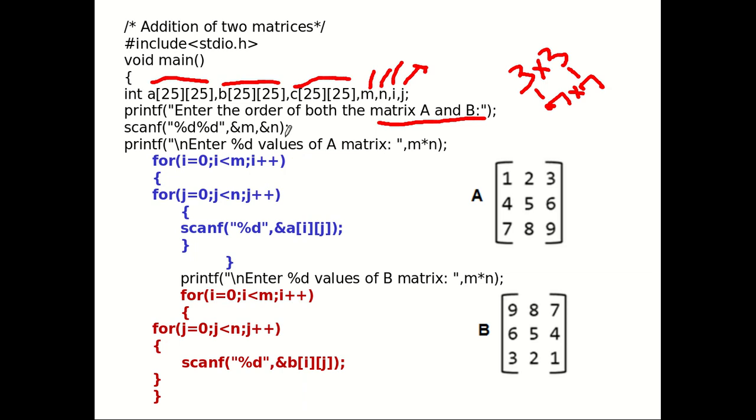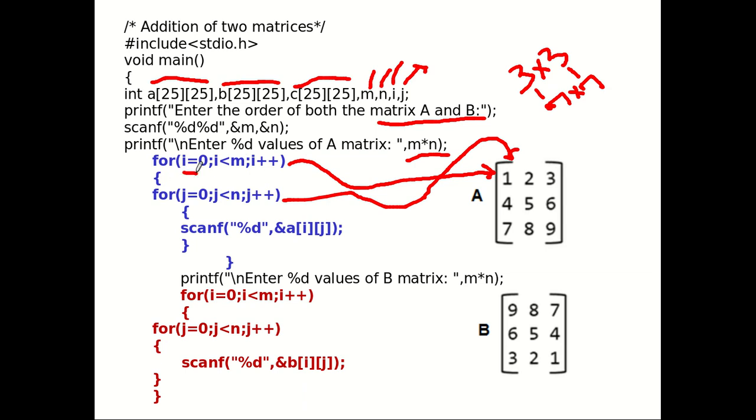So once after reading the size of the matrix, we are asking the user to enter the elements of each matrix. So this particular for loop will point to the row always, and this will point to the column of a matrix.